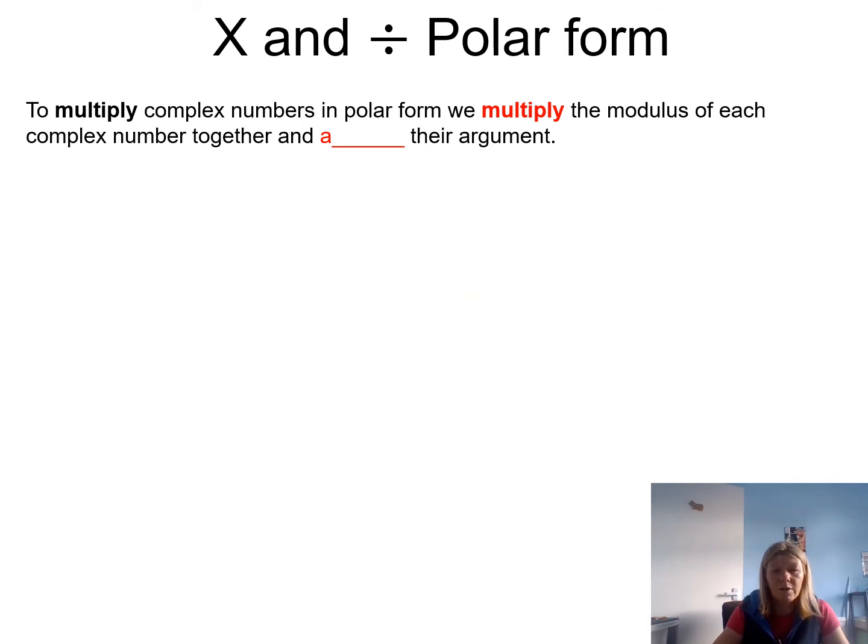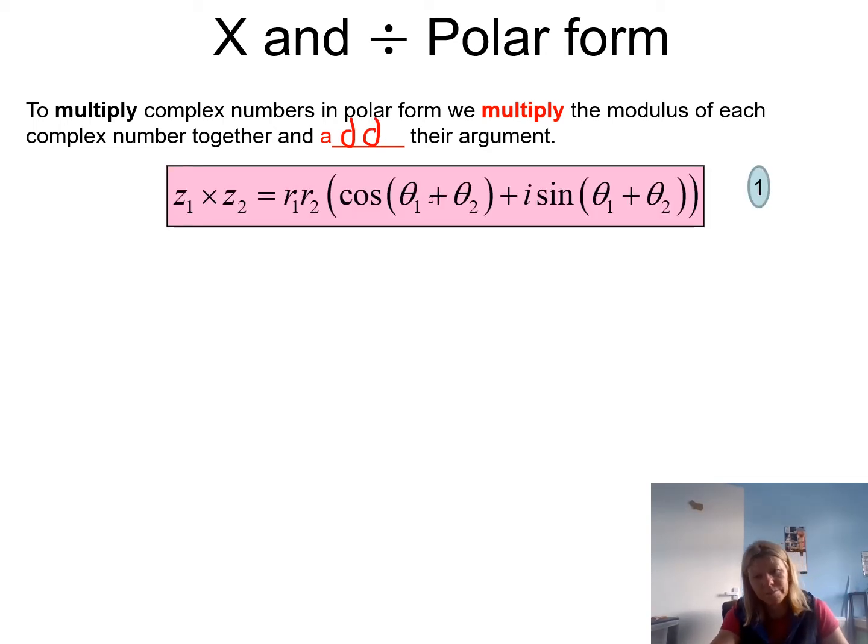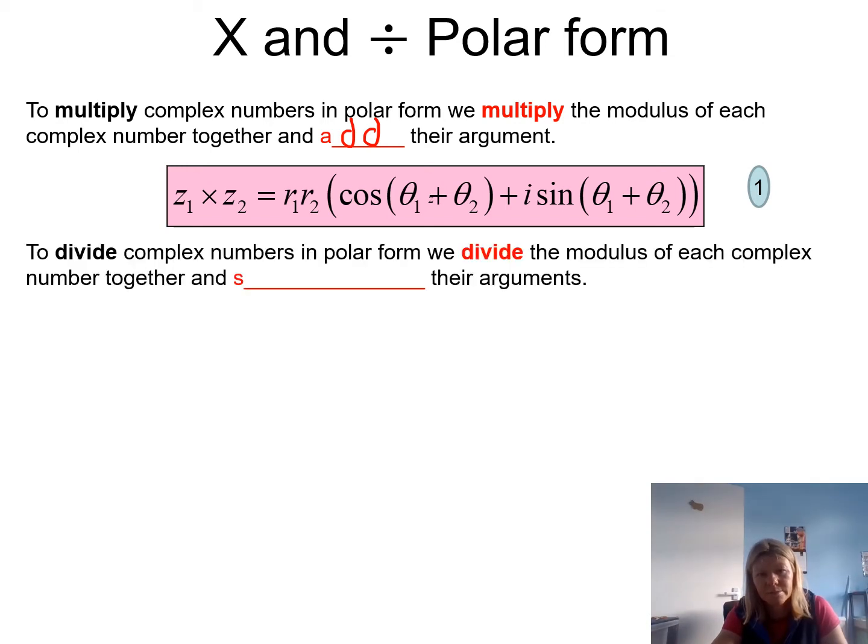To multiply complex numbers in polar form, we multiply the moduli of each complex number together and add the arguments. There's that formula for that.